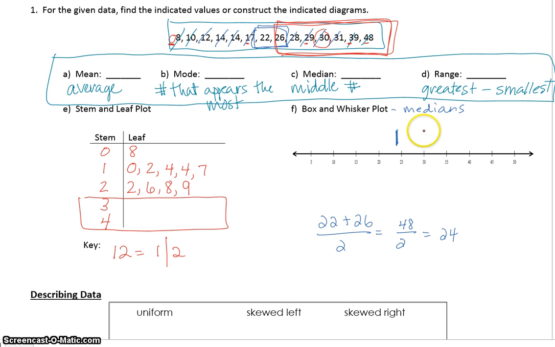So I'm going to put another segment at 30, and then I'm going to do the same for the remaining numbers on the left-hand side. The median on the left-hand side looks like it would be 14.